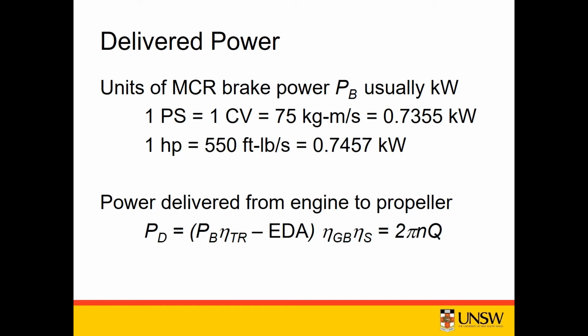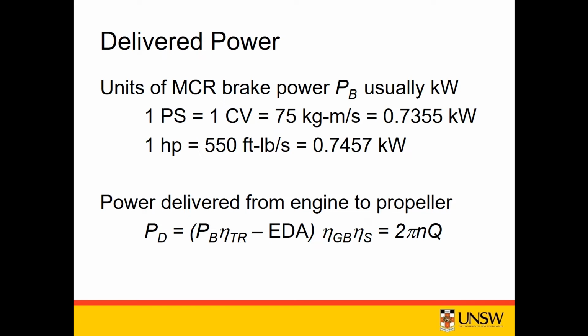And particularly European engines usually measure their power in Pferdestärke, which is the German word for it. From the French manufacturers, it'll be in cheval vapeur, like from Baudouin engines. But both of those are equal to 75 kilogram meters per second, which is 0.7355 kilowatts.